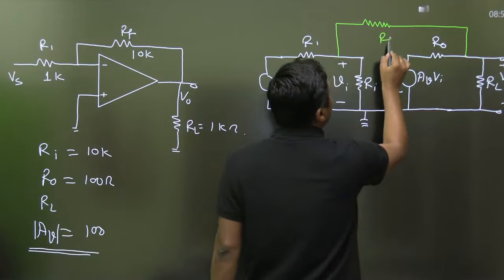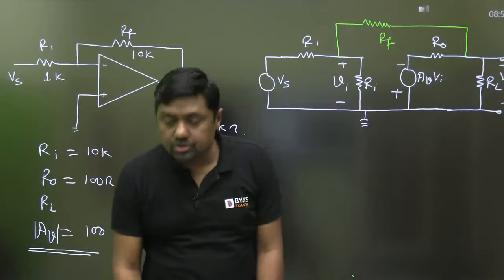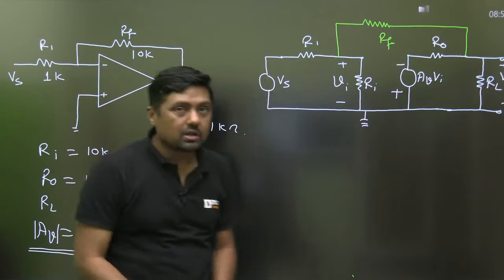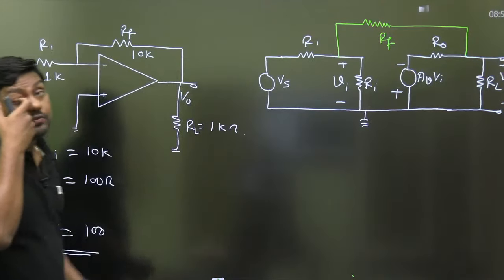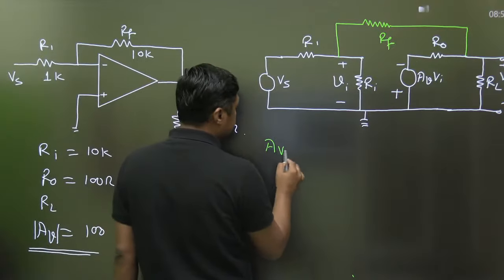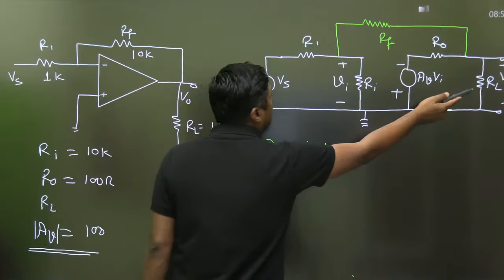RF is connected here. Now everyone tell me, is this question from analog or network? Now if I want to calculate the V0 by Vs gain, use the concept of network. How to find V0 by Vs?